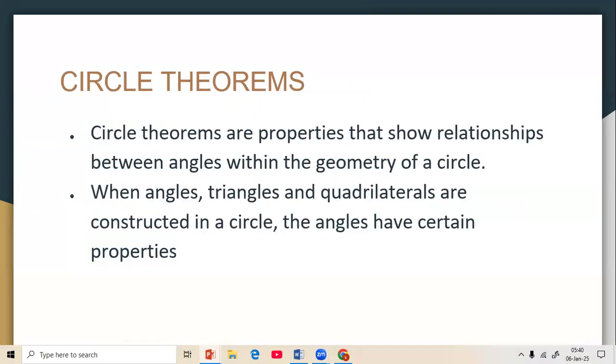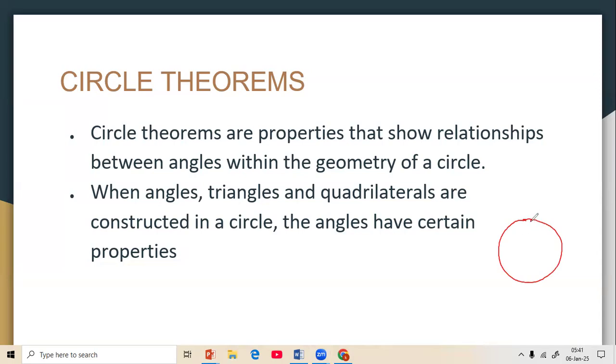Now, what is circle theorems? When they talk about circle theorems, they are referring to those properties that show relationship between angles within the geometry of a circle. Whenever you have a circle, in real life, you'll find that in this circle, there are angles that you are going to form.